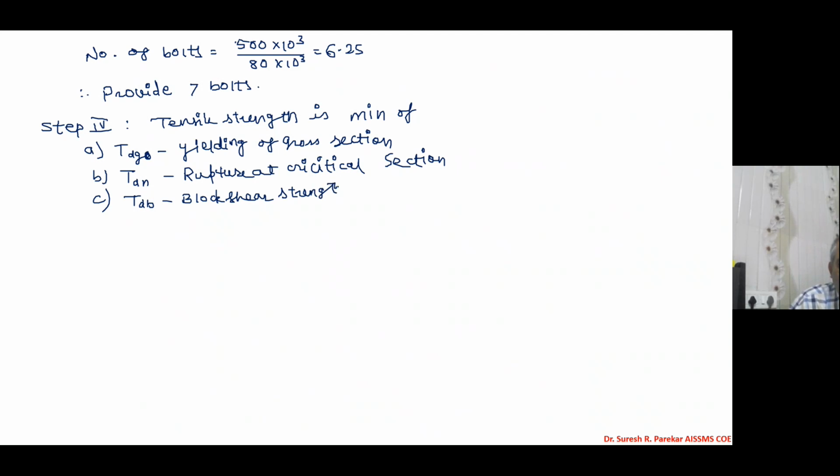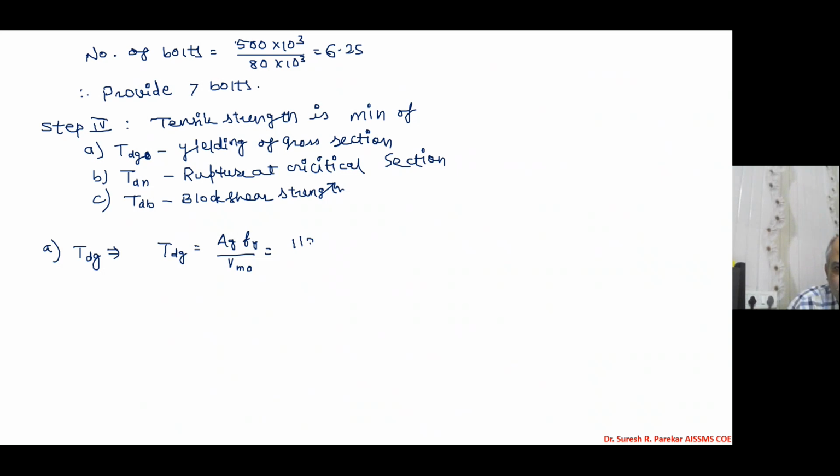So now we are with first, TDG. We have TDG is equal to AgFy upon gamma m0. And we know if we go to the steel table, the area of this is 1137.